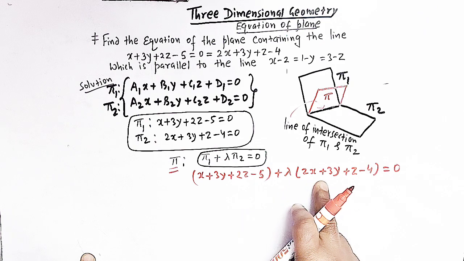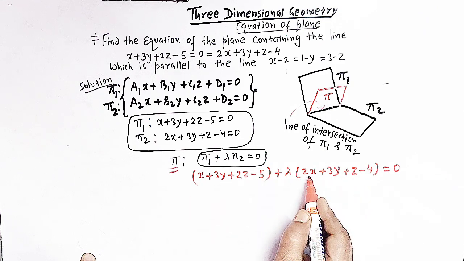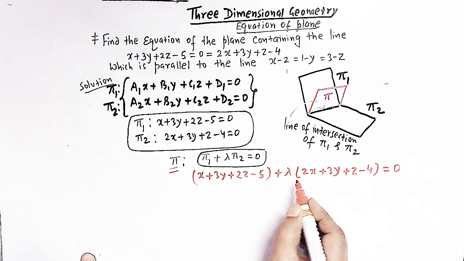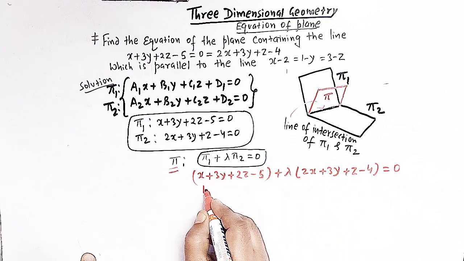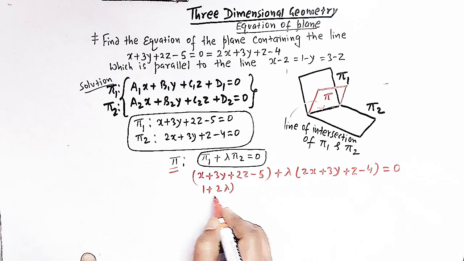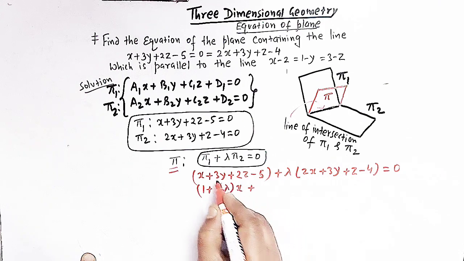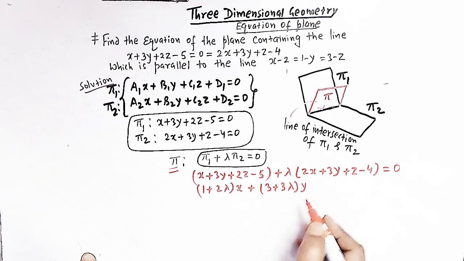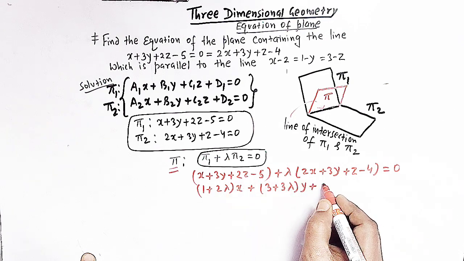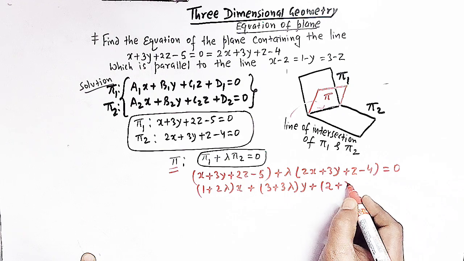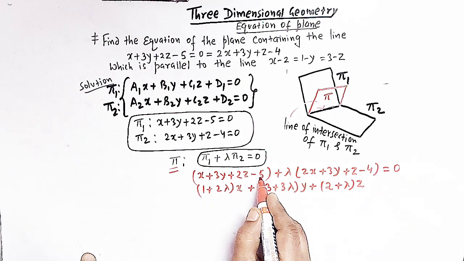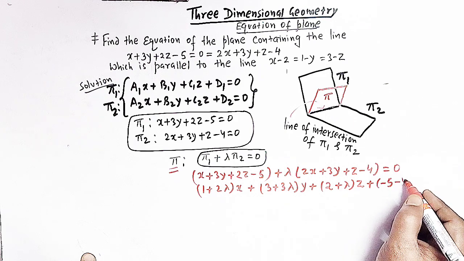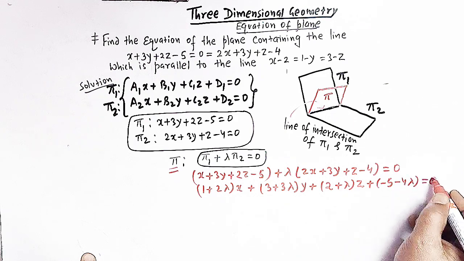So let us arrange the terms here, collecting the coefficients of x, y and z. So here we have x and here we have 2 lambda x. So we can now write 1 plus 2 lambda, and here we have x, then we have 3 plus 3 lambda, and here we have y, and here we have 2 plus lambda, and here we have z, and the constant term is minus 5 minus 4 lambda is equal to 0.